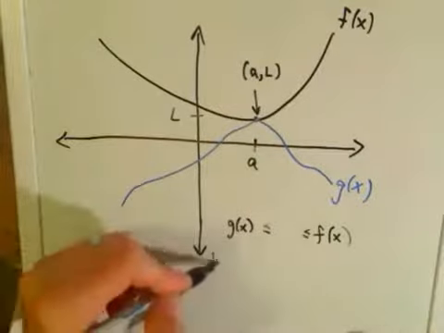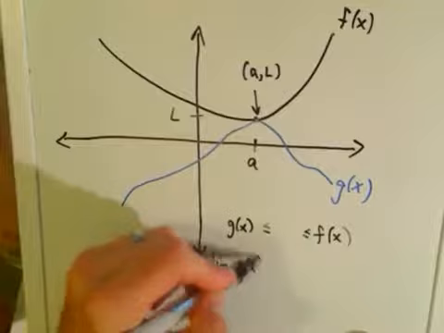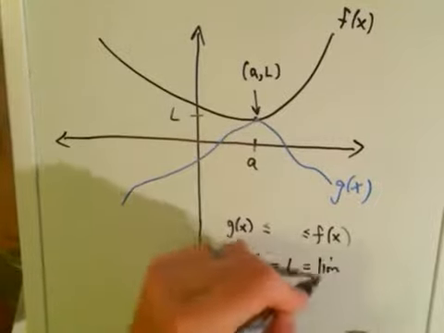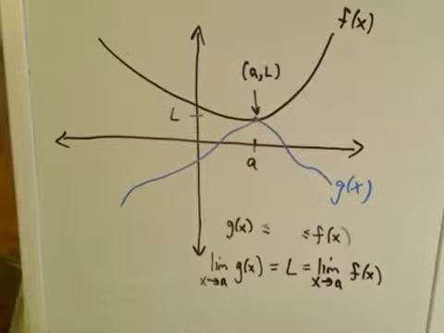And notice we have that the limit as x approaches a of g of x equals L, and that's the same thing as the limit as x approaches a of f of x.